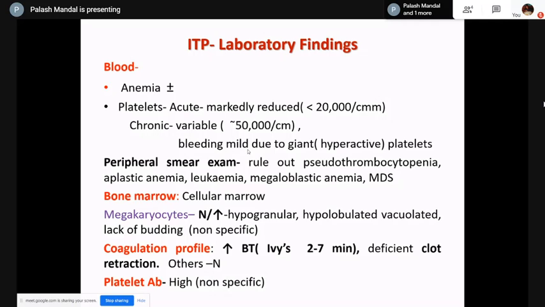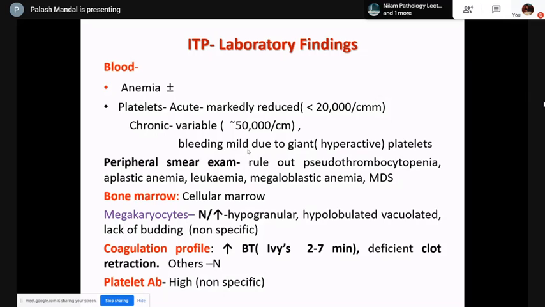The megakaryocytes may be hypogranular, hypolobated, because immature megakaryocytes are usually hypolobated. The more mature megakaryocytes have more lobes, the less mature have fewer lobes. They may even be vacuolated, and there may be lack of budding. Budding is actually an indicator of platelet production. So if the megakaryocytes are nascent or young, they may have these features of hypogranularity, hypolobation, etc.